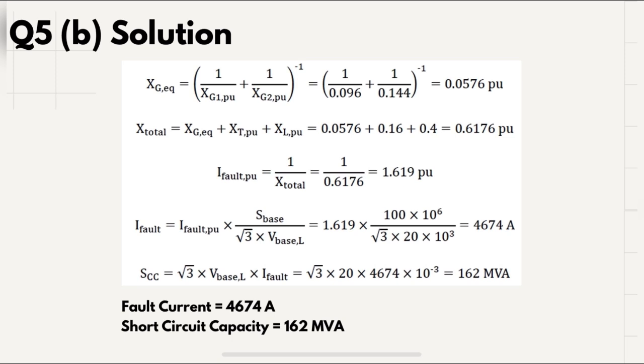And for the I fault in normal value, which is I fault pu times S base over the square root of 3 times V base, we will get 4674 ampere. And for the short circuit capacity, by using the formula given, we will get 162 megavolt ampere.